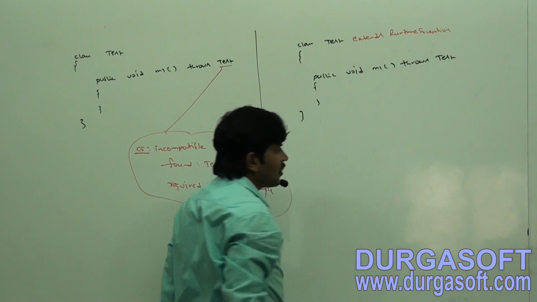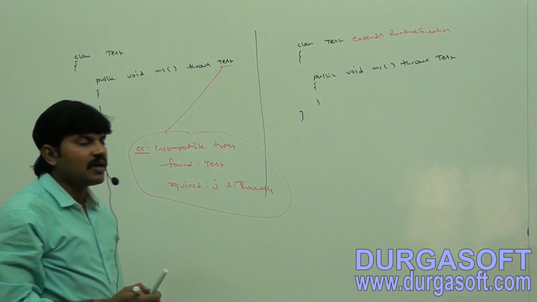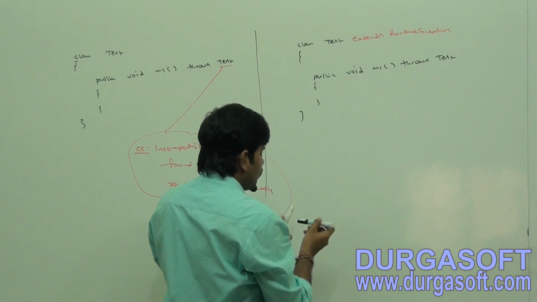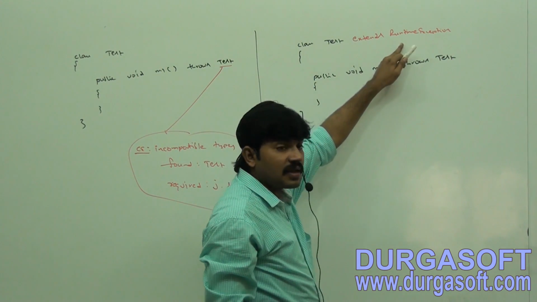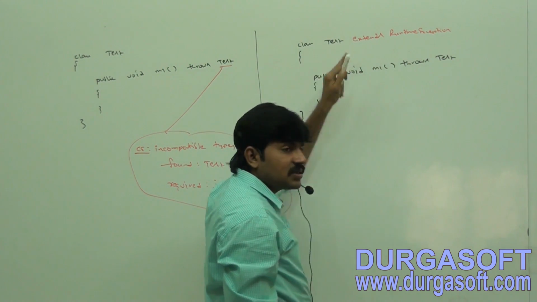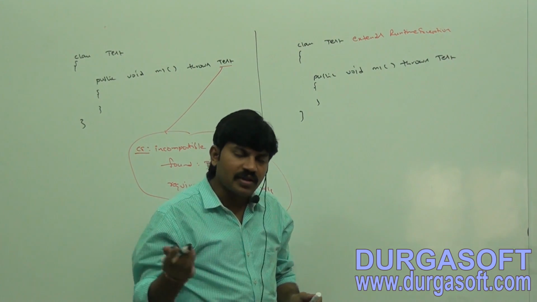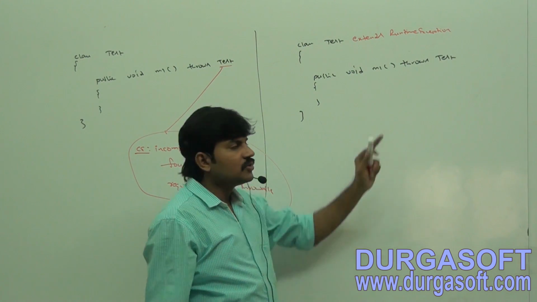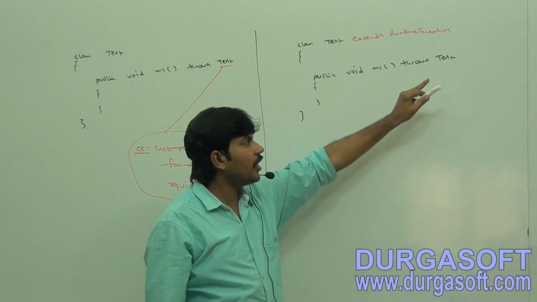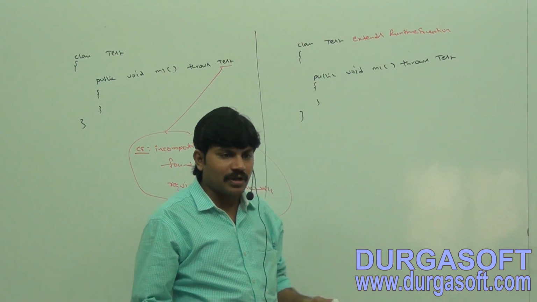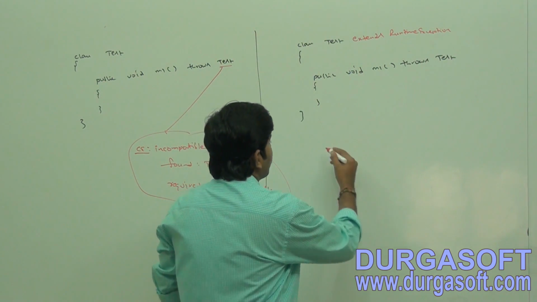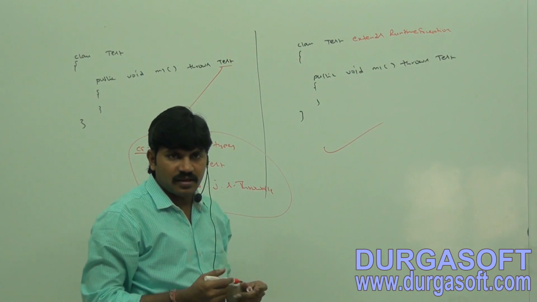Sir, is it valid or not? 100% valid, because Test extends RuntimeException, which means it is under Throwable. Whether it is checked or unchecked, forget about that. Usage of the throws keyword for a throwable type is no problem at all. Are you getting the point?